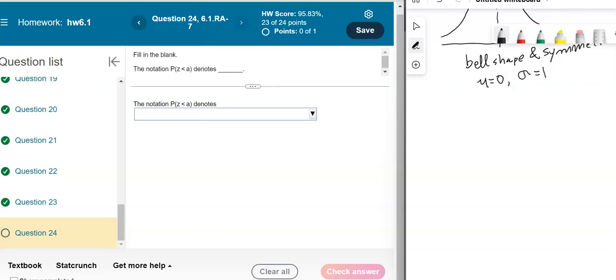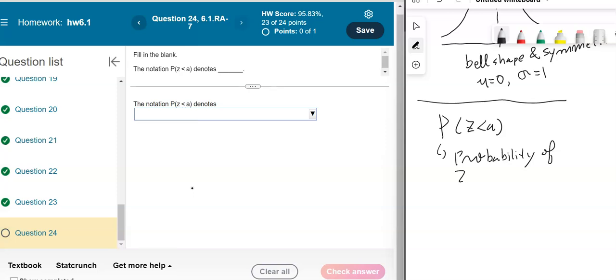Okay, and question number 24. Here, if you see P(Z), this means probability of Z score less than 8.